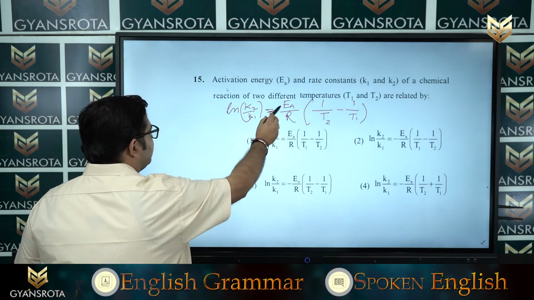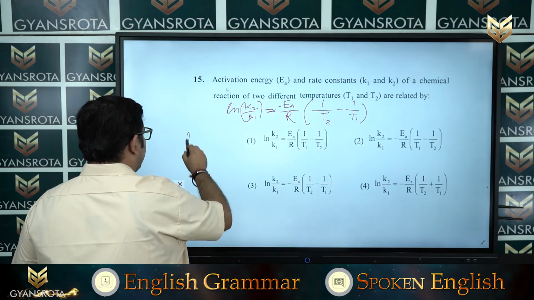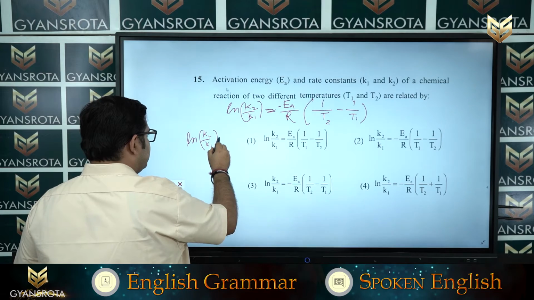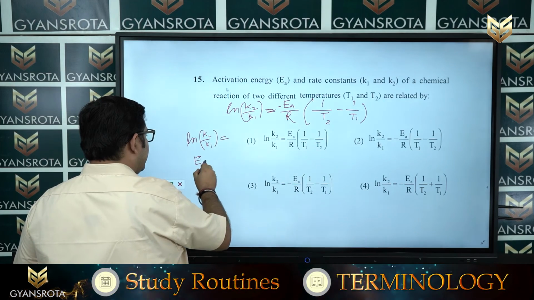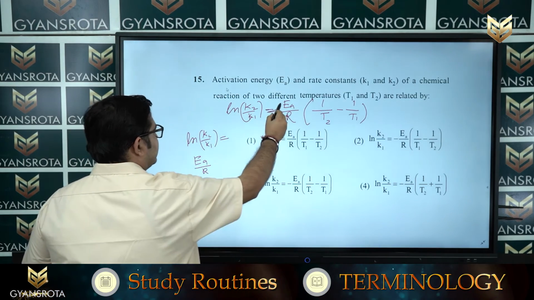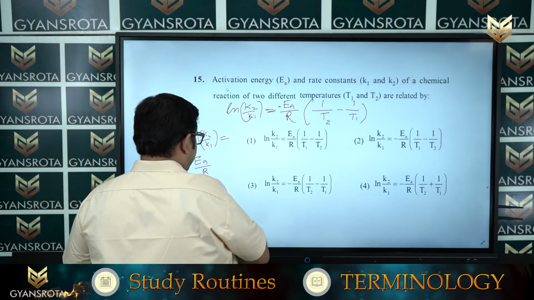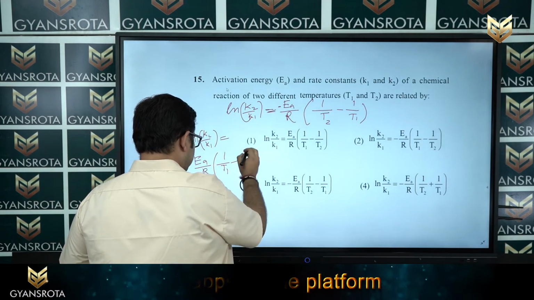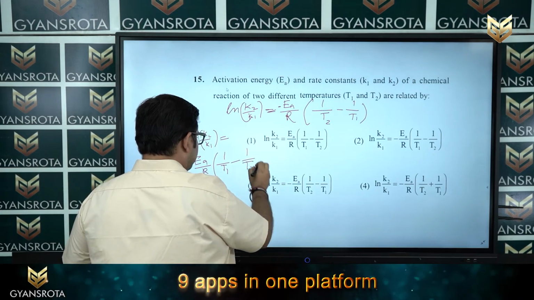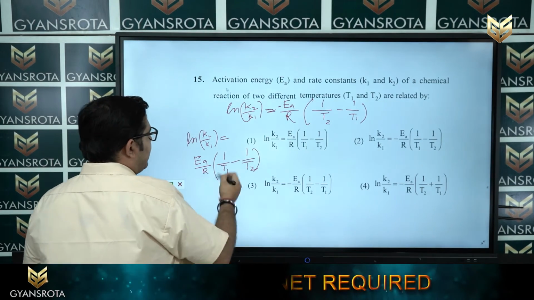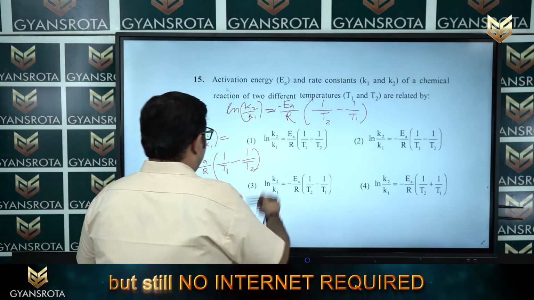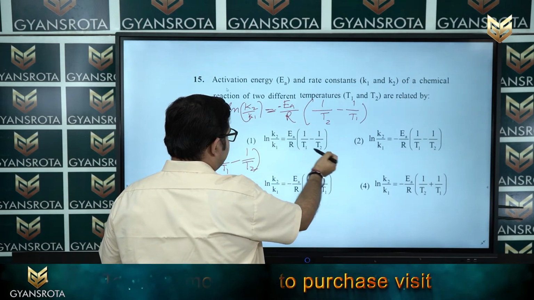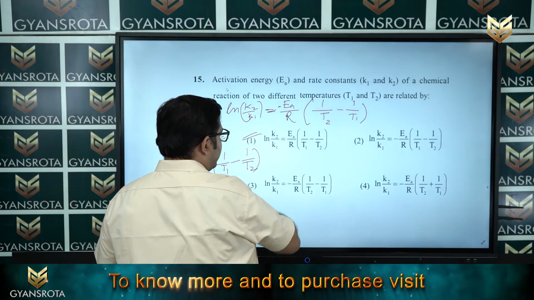If I remove this minus sign, what I am getting is ln of K2 by K1 equal to Ea by R times (1 by T1 minus 1 by T2). Now, among the options, ln of K2 by K1 equal to Ea by R times (1 by T1 minus 1 by T2), this option is the correct answer.